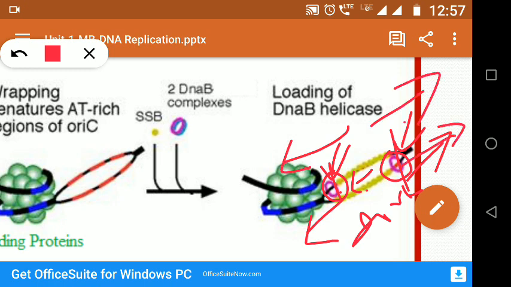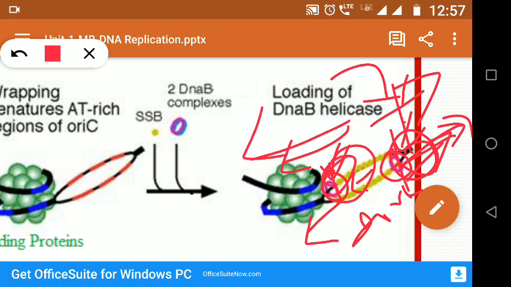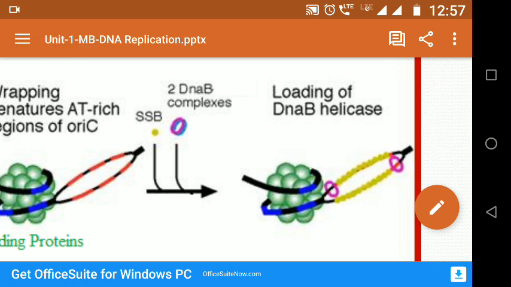One helicase moves in this direction and all the essential proteins will be assembled here, and the same thing happens in this direction also. So that is why the DNA replication is bidirectional. Okay, so what happens here?